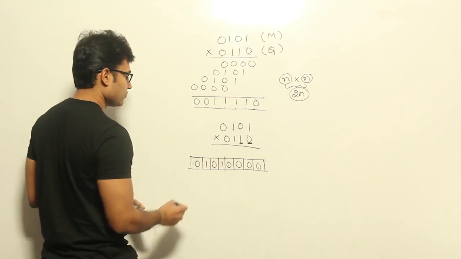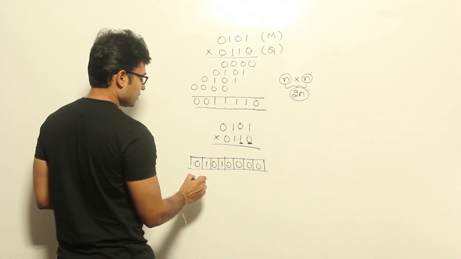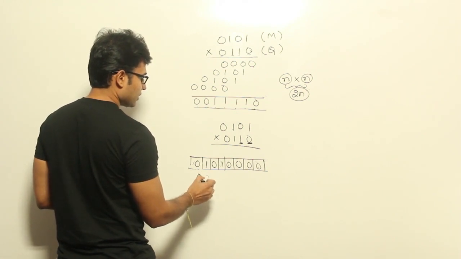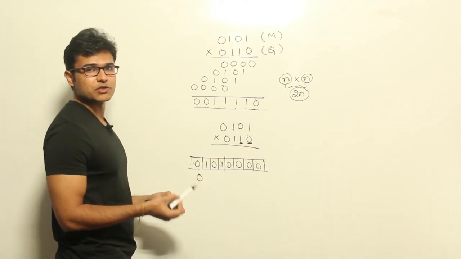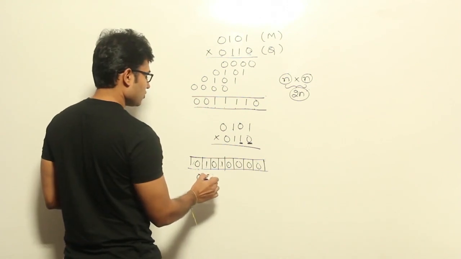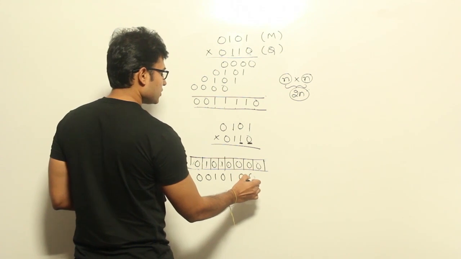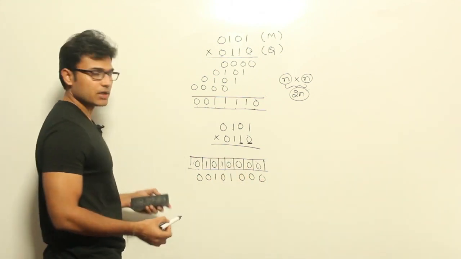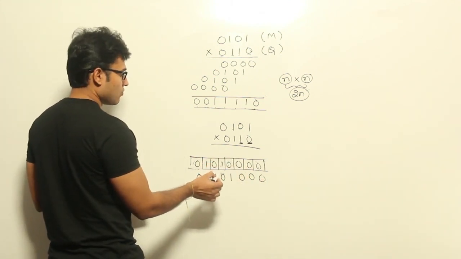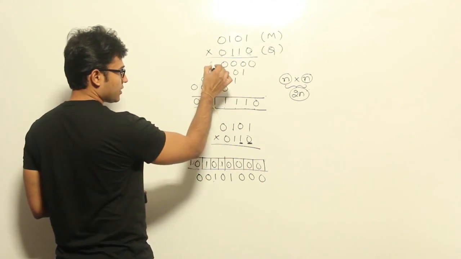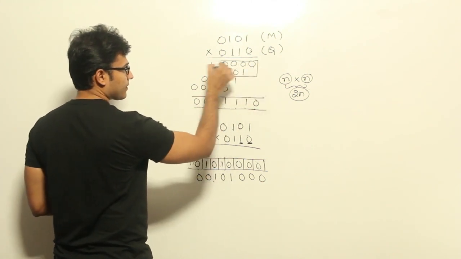If I do one shift right, then what I get here is 0. The shift right also has to be an arithmetic shift. So 0 0 1 0 1 0 0 0. Got it? So now if you observe, what we got is this part.